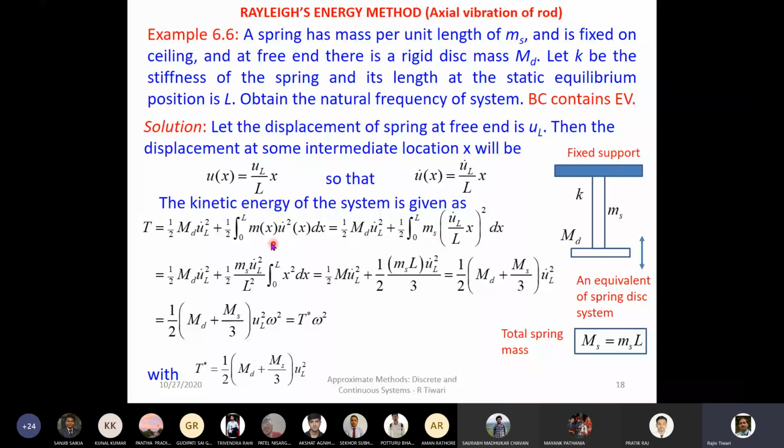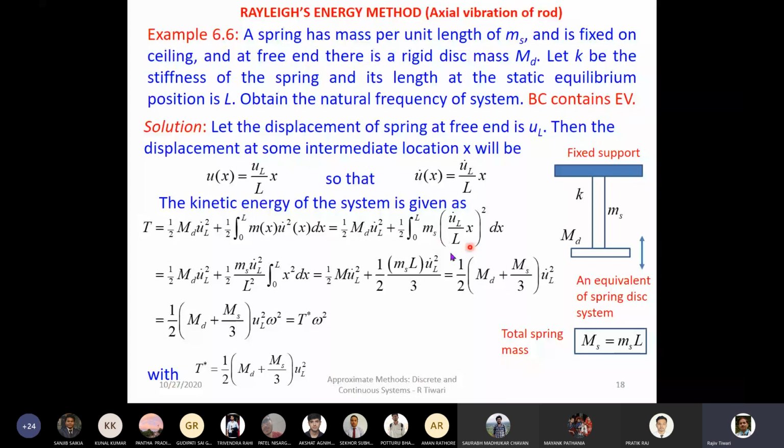Now this ms is the mass per unit length, that is uniform. For the present case, a uniform spring is there, and the velocity we already obtained at any location on the spring, so that can be substituted, squared. So this is the kinetic energy of the spring because it's having inertia, and this is the kinetic energy of the disk which is at the free end.